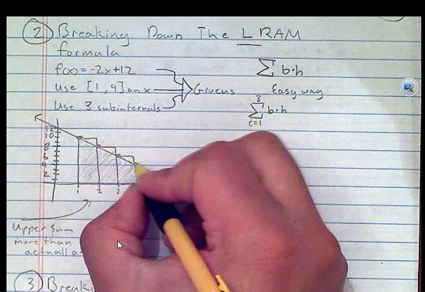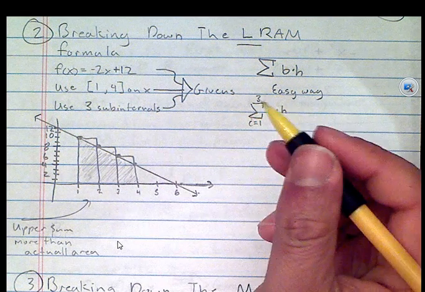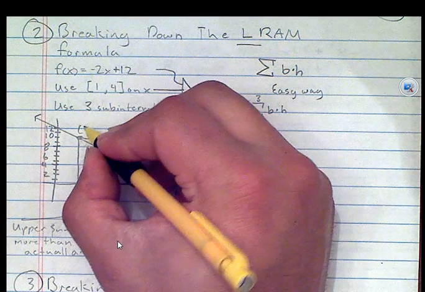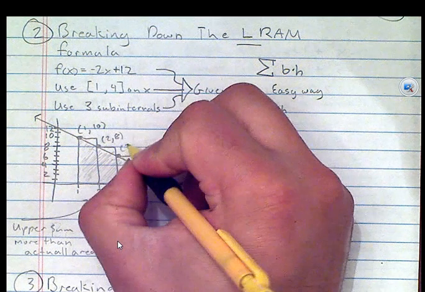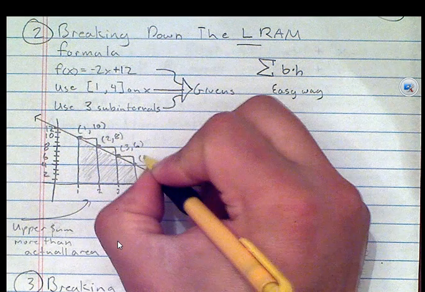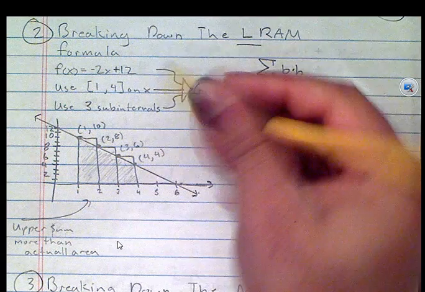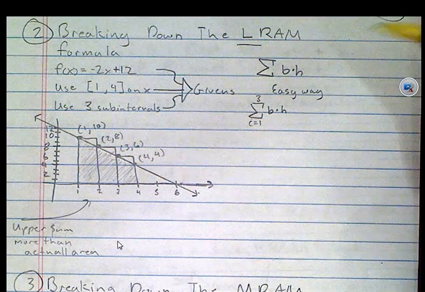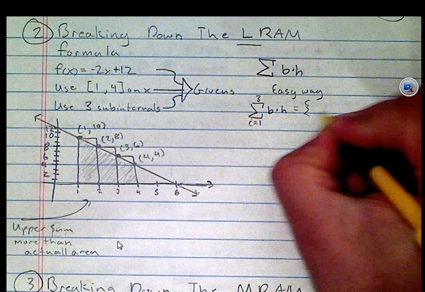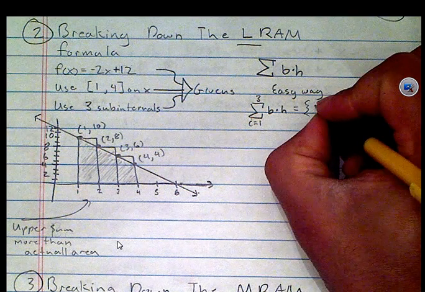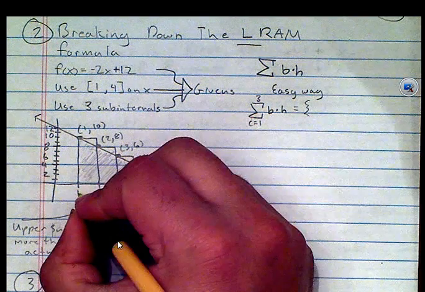This one, I'll find it, but I know it doesn't matter. It's 1, 10, and then 2, 8, and then 3, 6, and then 4, 4, and I got that by just plugging it in here. And I know that this base times height is going to end up being the bases, all the bases are 1.